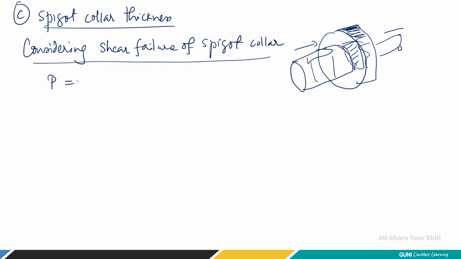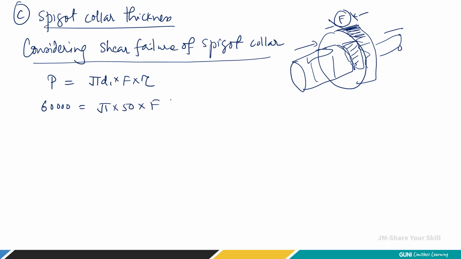So load P is equal to pi d1 T. Now I'm going to call this thickness, instead of T, F, to differentiate it from the slot thickness, F into shear stress. The value is given 60,000. The diameter found out is 50.